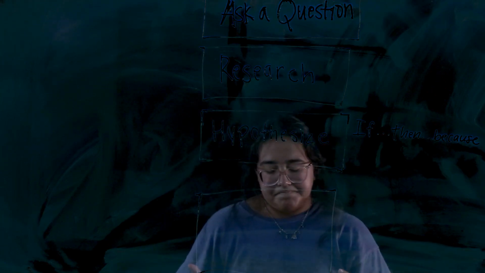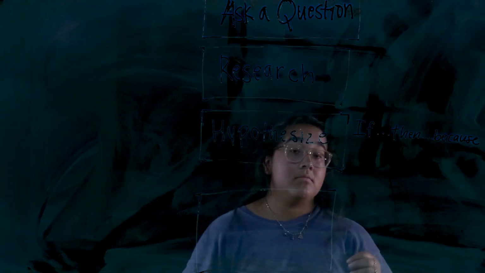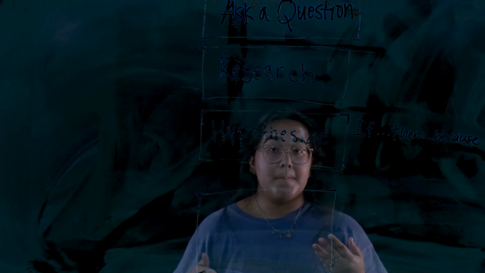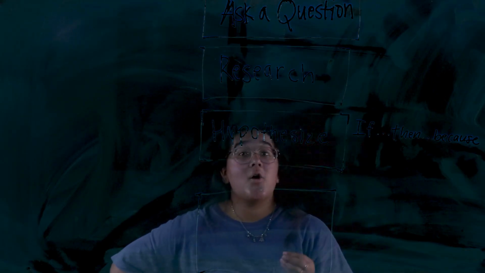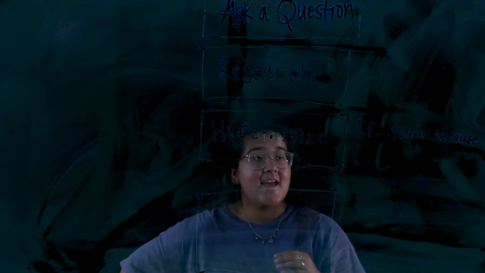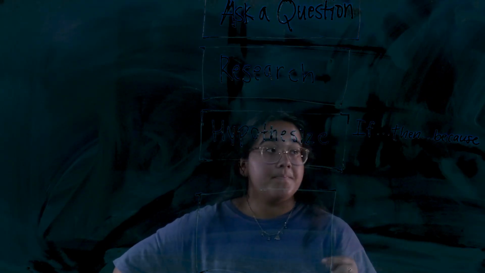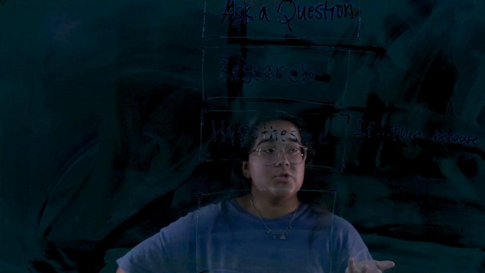So again, going back to my question about apples browning. Our hypothesis could be, if an apple has lemon juice on it, then the apple will delay its browning because of the acidic properties of the lemon juice.